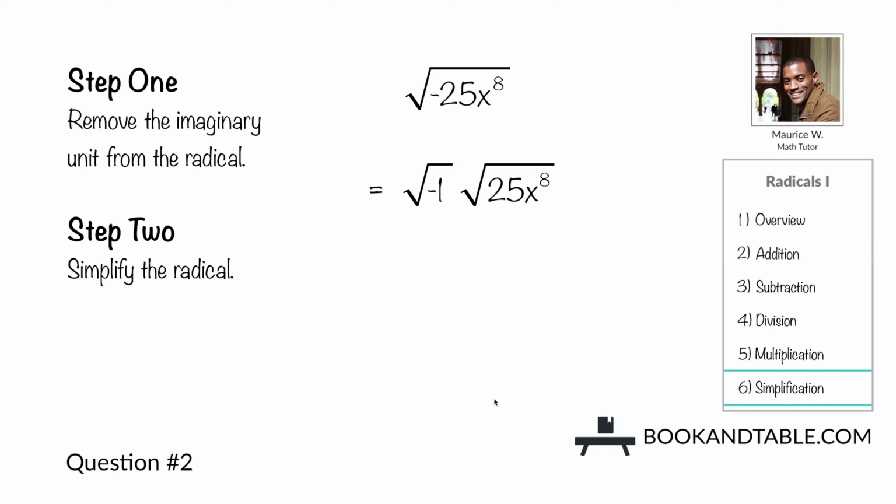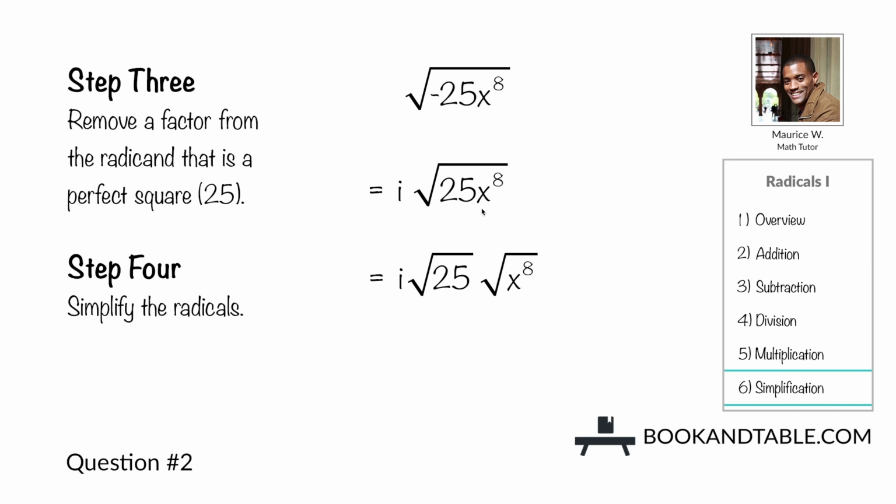Question number 2. Step 1, remove the imaginary unit from the radical. So we take out negative 1, and then we simplify the radical to i, leaving us with i radical 25x to the 8th. And now we simplify this further. So step 3, remove a factor from the radicand that is a perfect square. That would be 25.